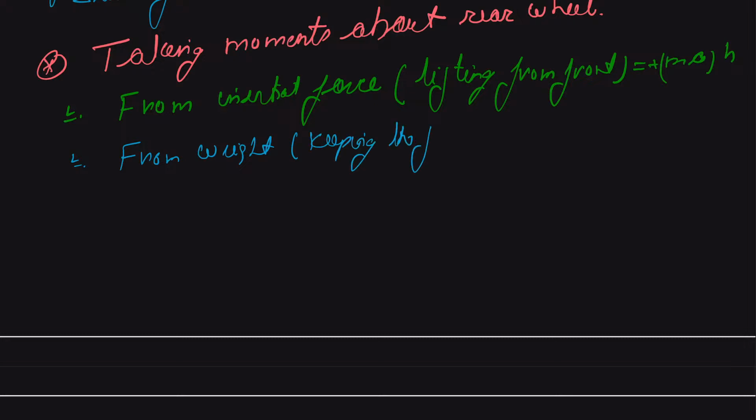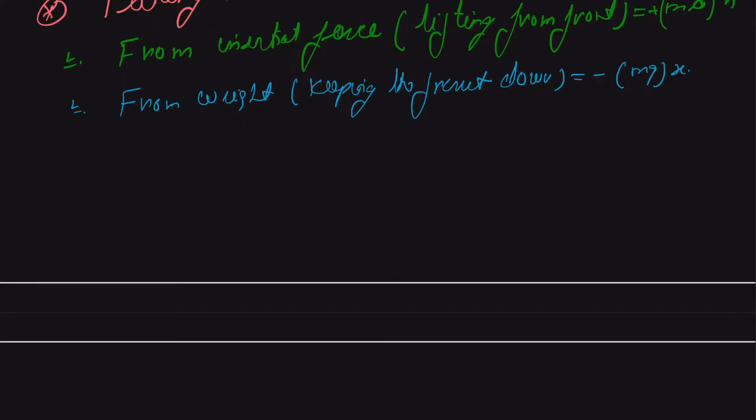Obviously that will be negative, that is mg times x, and the other one will be the front normal, that is NF, about the rear.